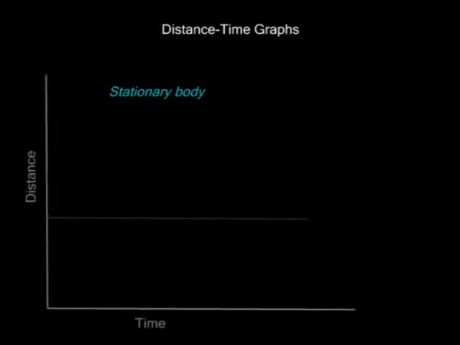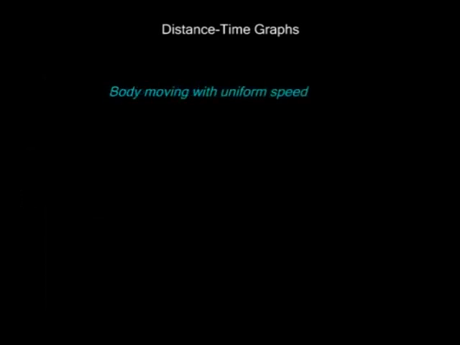Distance time graphs. The distance of a stationary body does not change with time. The graph of distance against time is therefore a horizontal line parallel to the time axis. The distance covered by a body moving with uniform speed changes uniformly at equal intervals of time.